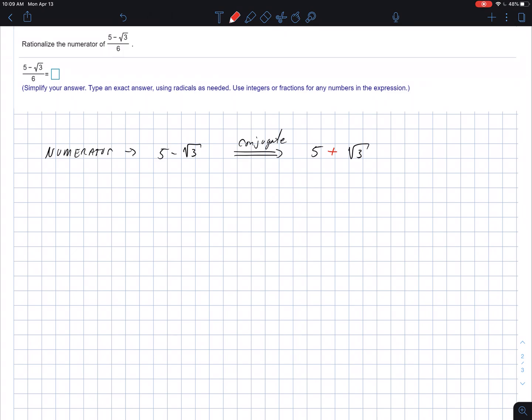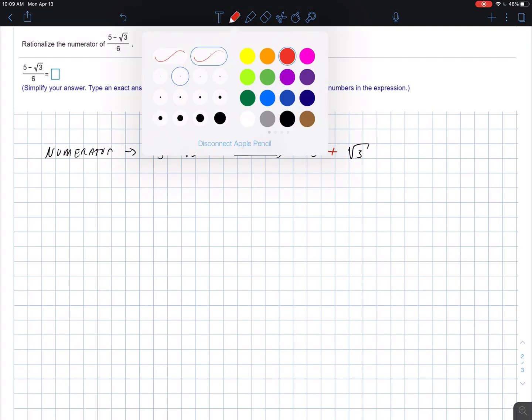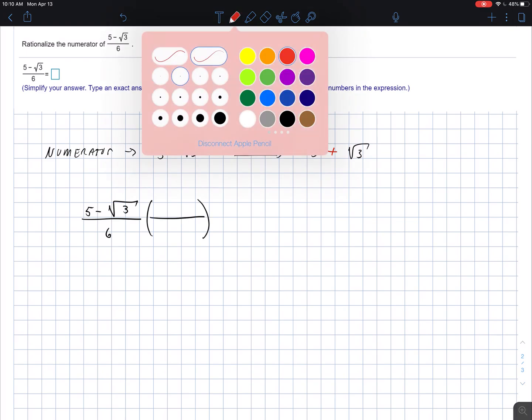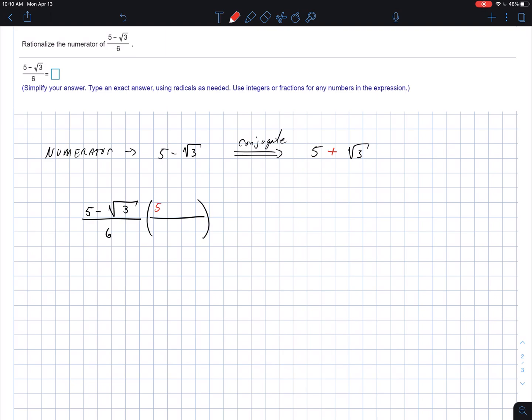So if it's a difference, then we have a sum. If it's a sum, then we have a difference. So now we can work out the problem. This is 5 minus root 3 all over 6, and I'm going to multiply numerator and denominator by that conjugate, 5 plus root 3 over 5 plus root 3.